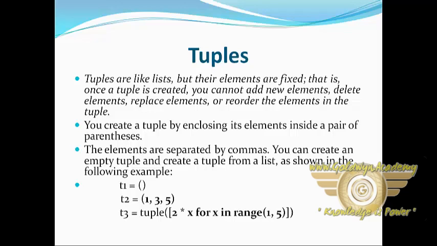Furthermore, tuples are more efficient than lists due to Python's implementation. As shown in the following example, t1 is equal to blank, t2 is equal to (1, 3, 5) and t3 is equal to tuple(2 * x for x in range(1, 5)).